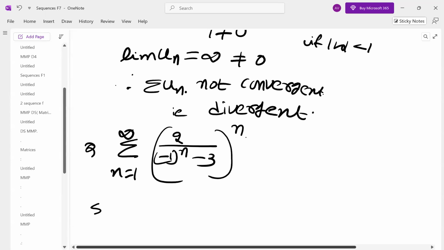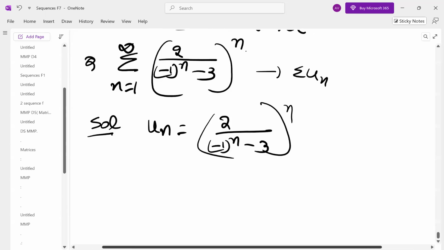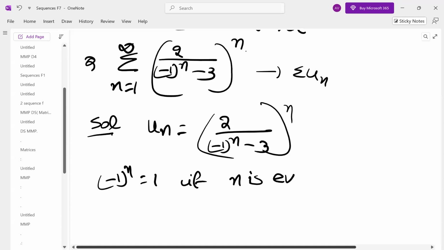So, solution. Your un is 2 by minus 1 power n minus 3 whole power n. This is your un, summation un. So, divide. Minus 1 power n is 1 if n is even. In every case, it should be convergent. Then only we say overall it is convergent. Any one case it fails, we cannot conclude.